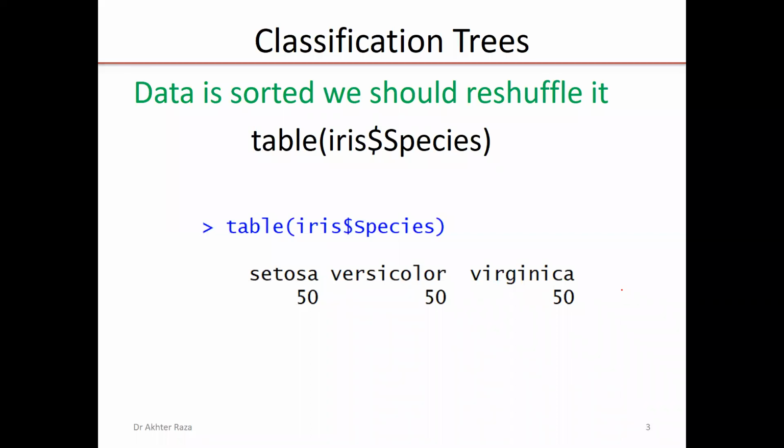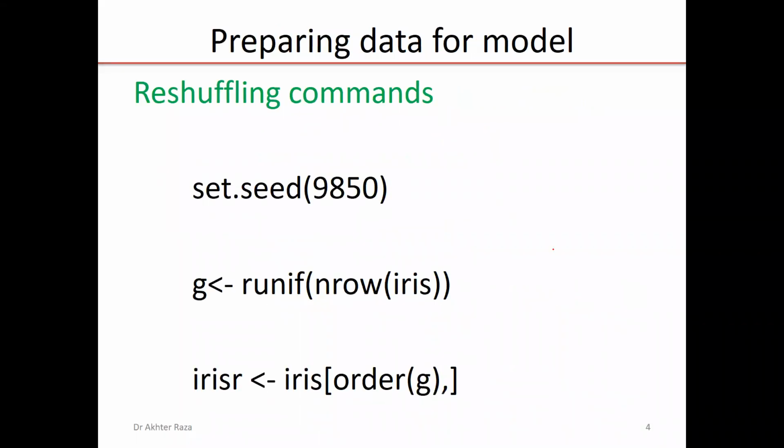Then, what will this command do? This command randomly fixes a pointer, a random number pointer, at the place 9850, so that every time during the training period, if we are using random numbers, the random numbers will be generated from this point of seed.